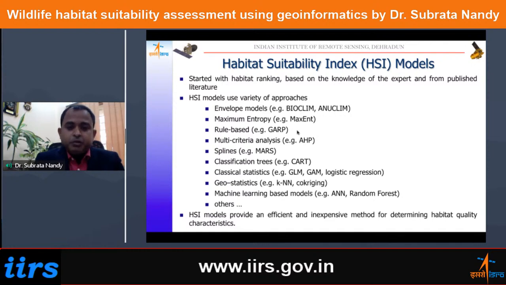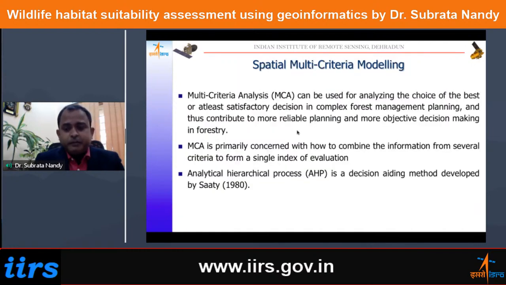Now, to start with, spatial multi-criteria modeling has been used for identifying areas which are potential habitat for a particular animal. This is used for analyzing the choice of the best decision in complex planning.